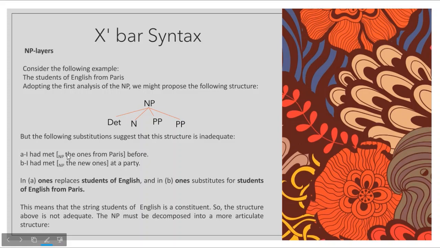Okay. But this "one" replaces it for us, which means that "student of English" is a constituent. Okay. And in B, "ones" substitutes for "students of English from Paris", the whole phrase. This means that the string "students of English" is a constituent. Okay, so the structure above is not adequate.